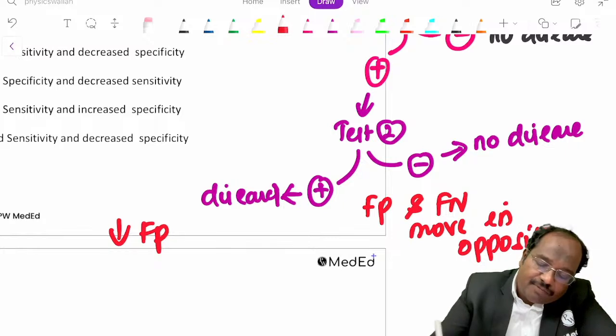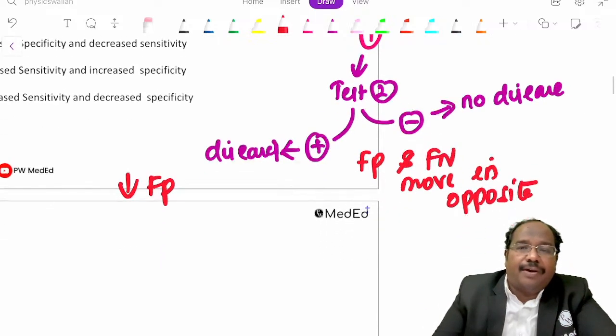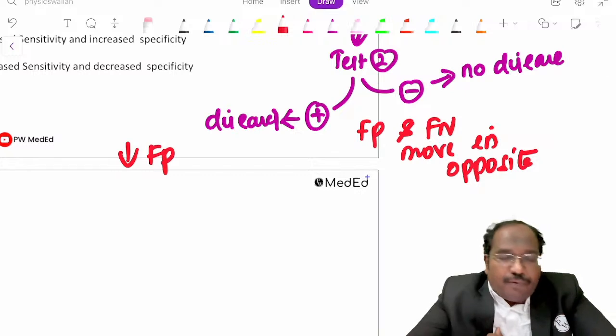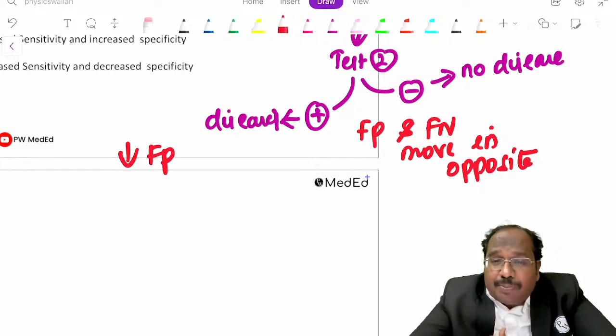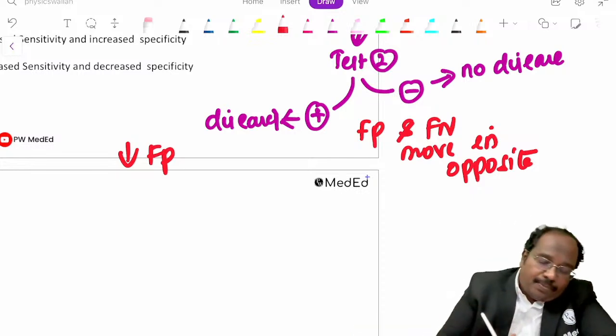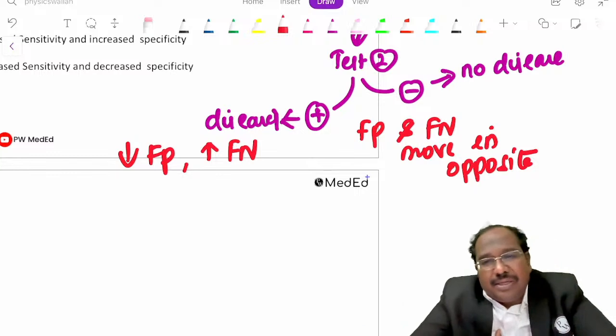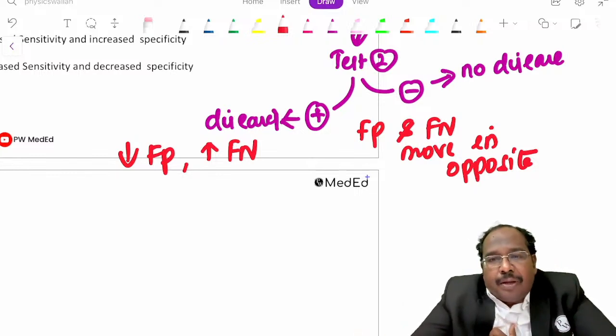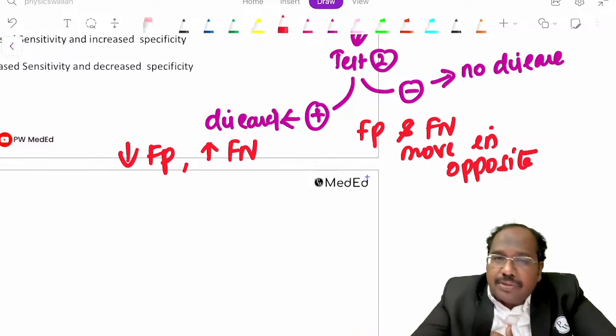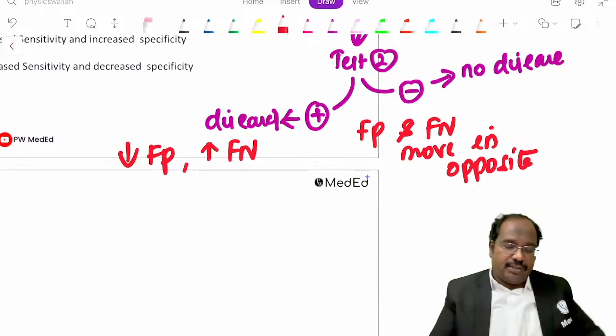As a dictum, try to remember it. That means if false positives are less, there will be an increase in false negatives.